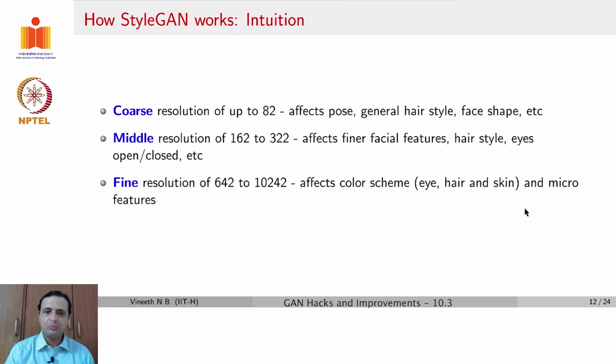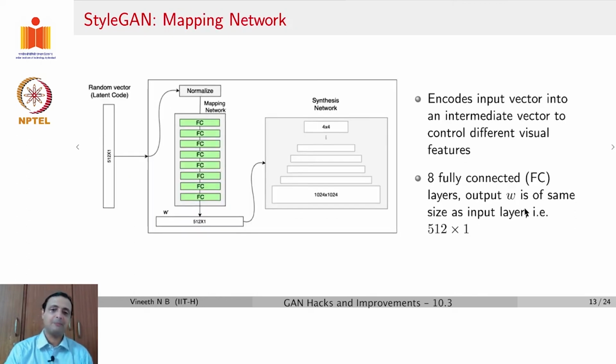StyleGAN tries to address and introduce some style specific components at each of these resolutions to attain its desired effect. How does it do this? Given an input random vector, the same as in the vanilla GAN, StyleGAN first normalizes this vector and then sends this through 8 fully connected layers without changing the dimension of the input and obtains a 512 cross 1 vector.